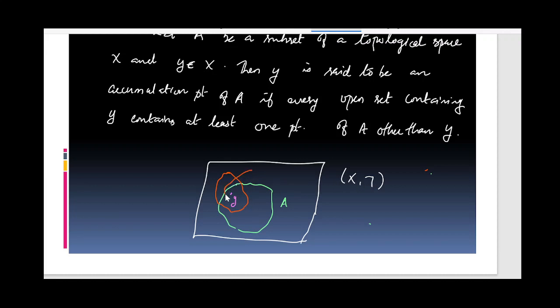So these all are going to be open sets around y. Now if these open sets which contain y contain at least one point of A other than y, then this y is said to be an accumulation point. Okay, let us see one example.